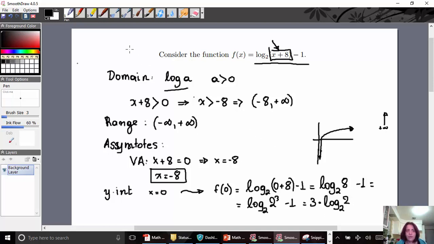But I hope that we all remember that the log with base 2 of 2, the log of a number with the same base, for any number is equal to 1. So basically what we have right now is nothing else than 3 times 1 minus 1. And this is equal to 2. So this will give us the y-intercept, that is the point (0, 2).